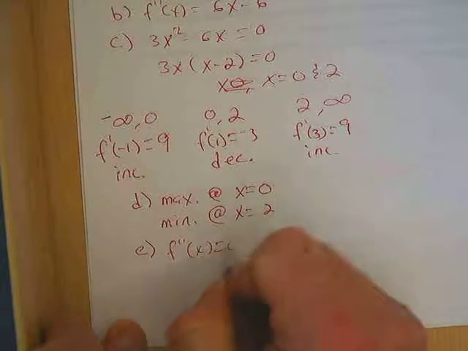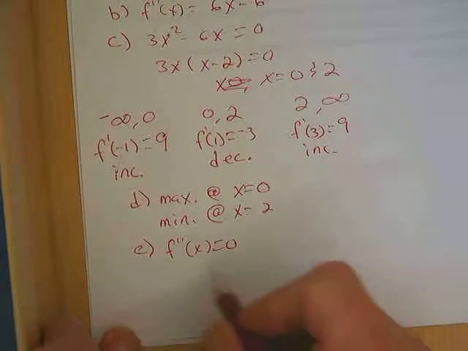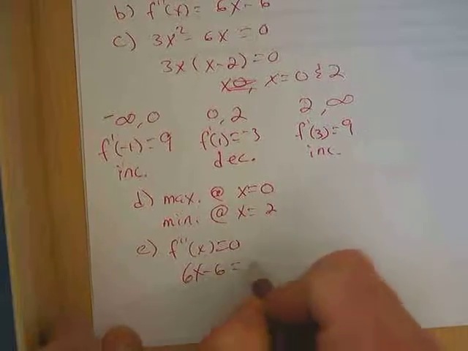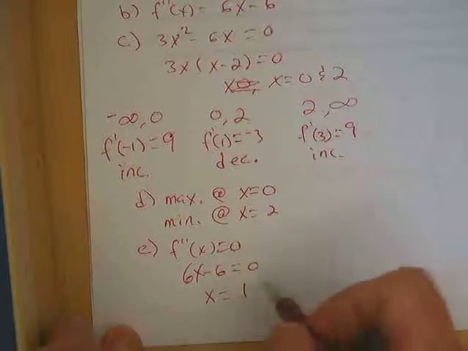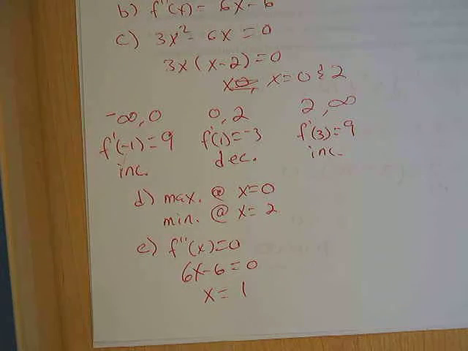The inflection point, or the point of change in concavity, will occur when the second derivative is set equal to 0. So 6x minus 6 equals 0. So something is going on at x equals 1. Well, not something. Concavity is changing at x equals 1.